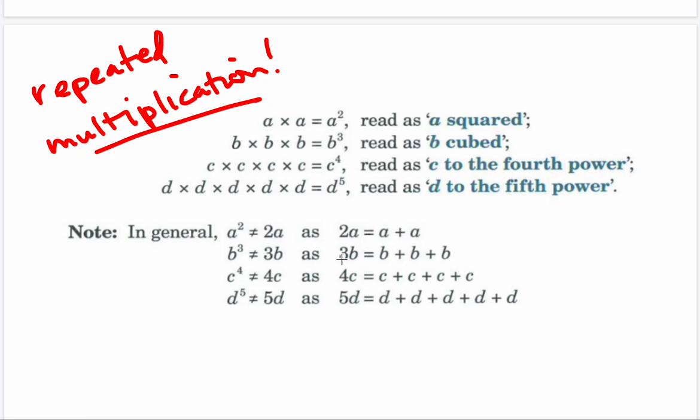B cubed is not the same as 3 times b, because that means you're adding b 3 times. B cubed is b times b times b. So be very careful that you know the difference between your exponents and then simply multiplying by a number, because that would just mean repeated addition.